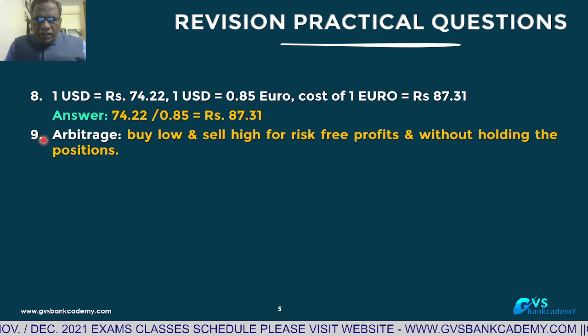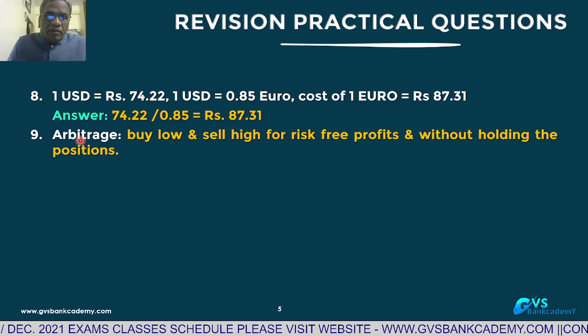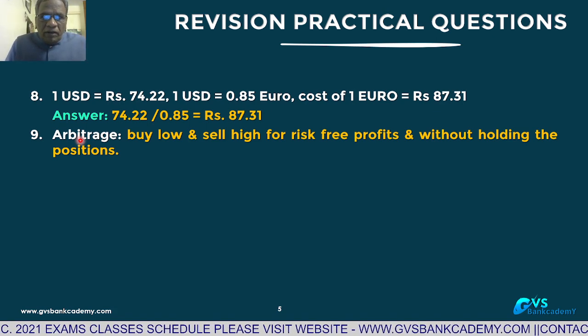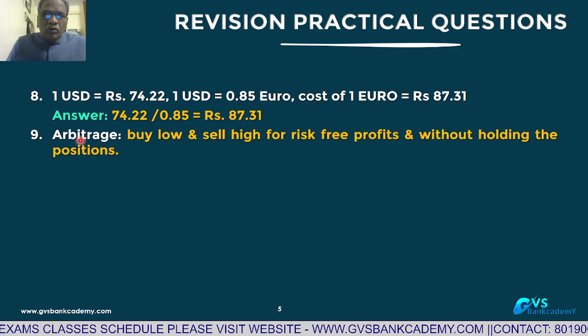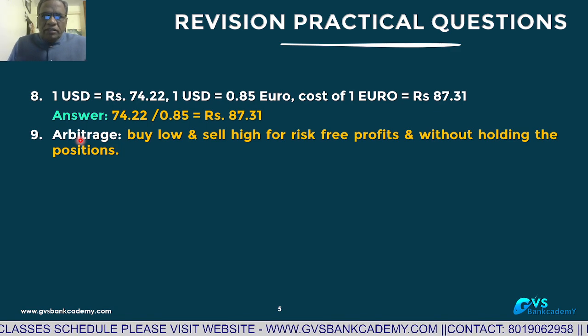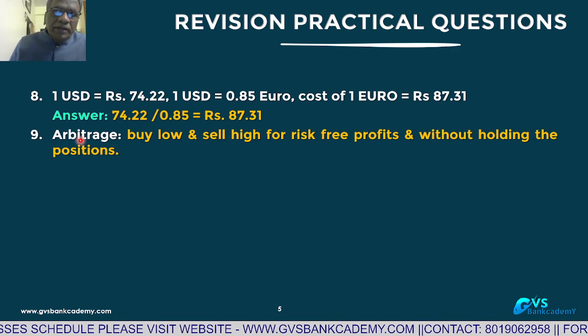Question number 9, arbitrage. Arbitrage means buy low, sell high. Where the commodity or currency is available to buy low, the banker or the broker will purchase and immediately sell where it is quoting high.